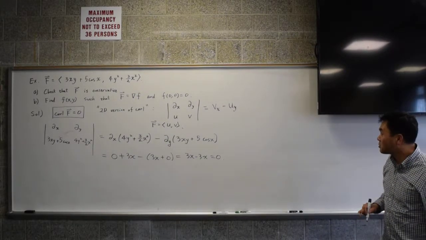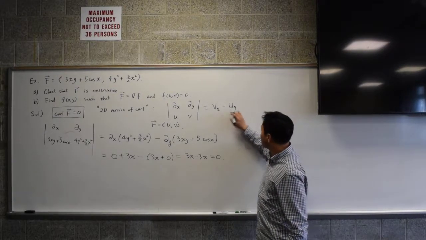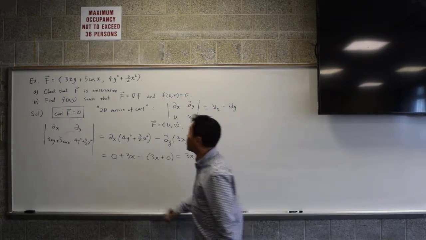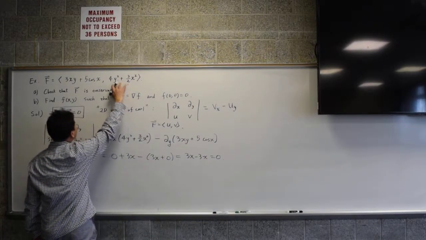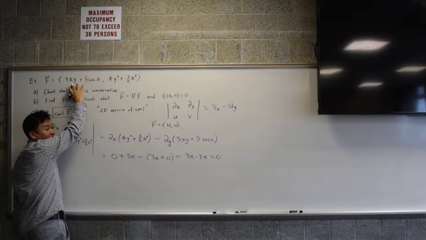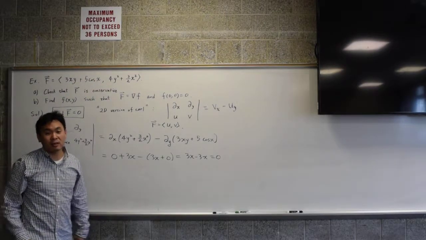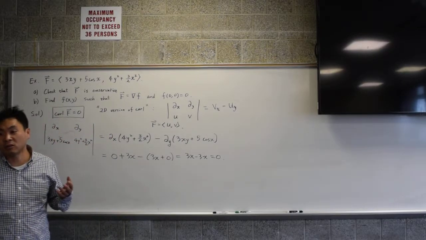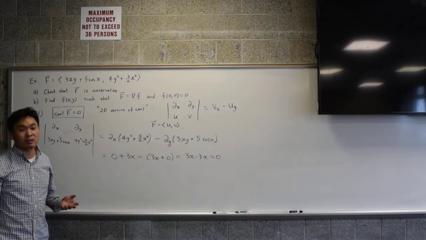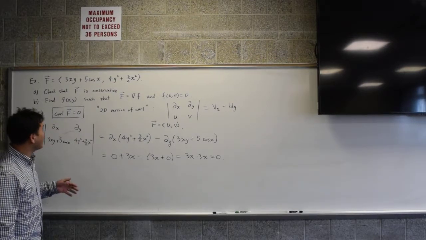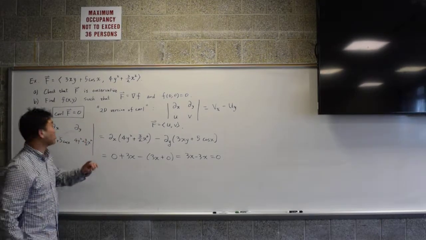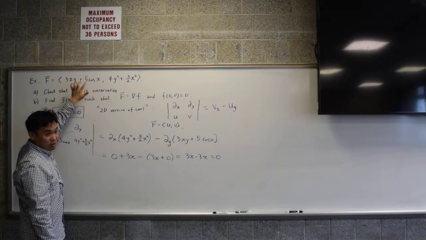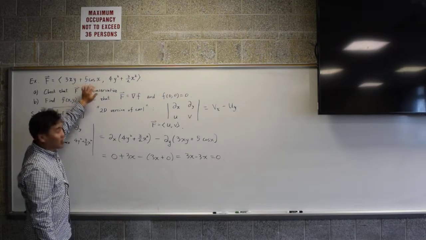And then think about what it means for this to be 0. That means if I take this and differentiate by x, and I take this and differentiate by y, they're equal. That's exactly the definition that I was using for being a conservative vector field. Saying something is a gradient vector field means, because the second partials commute, this one, which is f differentiated by x, if I differentiate by y, will be fxy.